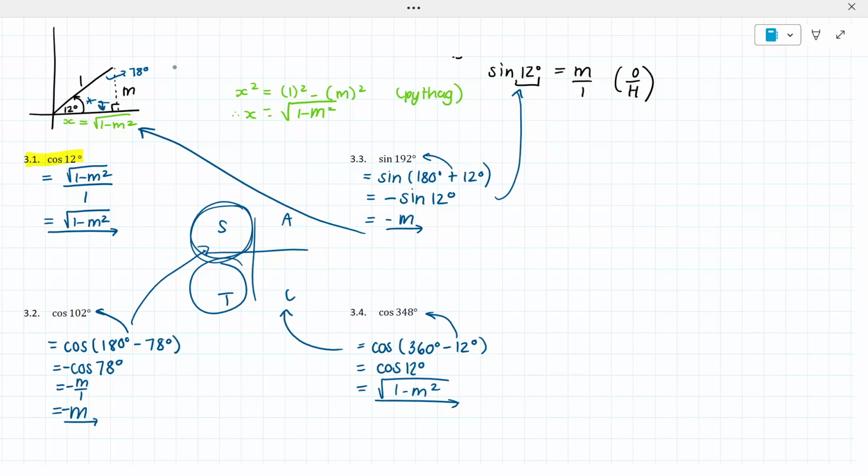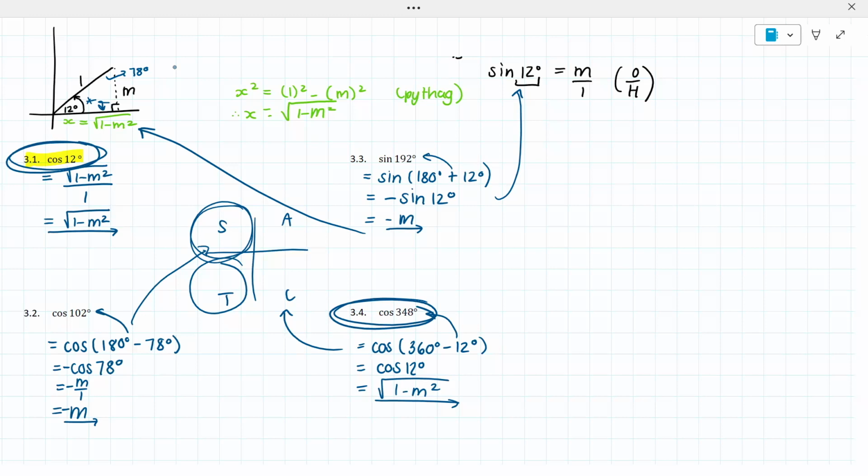Okay, now this actually links quite nicely, the fact that cos of 348 and cos of 12 are the same thing, with the next type of question that we're going to have a look at, which is solving equations. Whenever you are solving a trig equation, remember there are two potential solutions in the first 360 degrees. So any trig equation within the first revolution has two solutions.